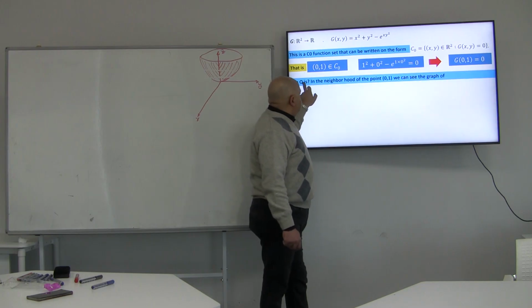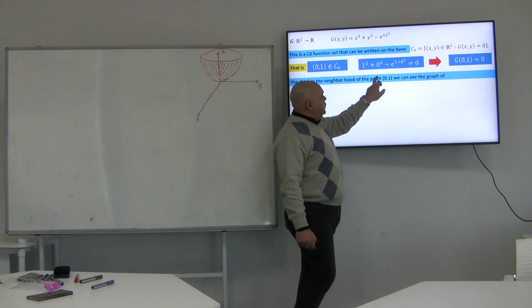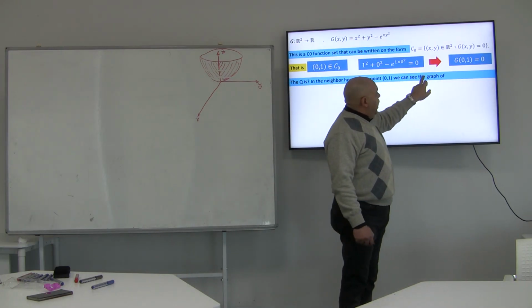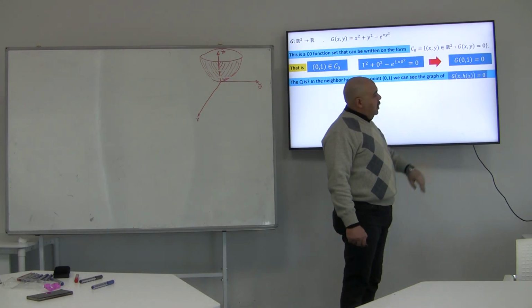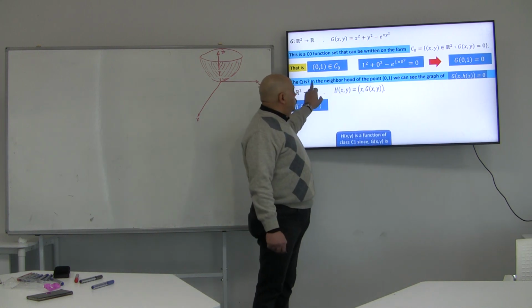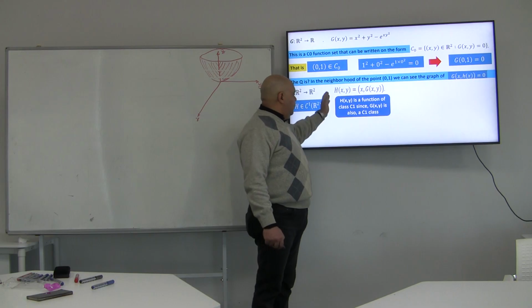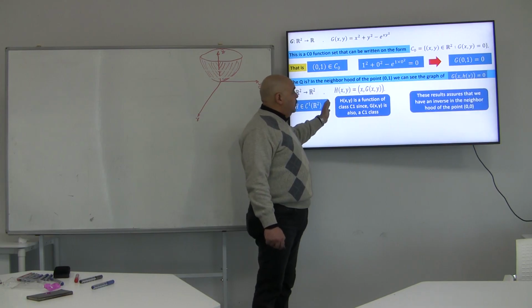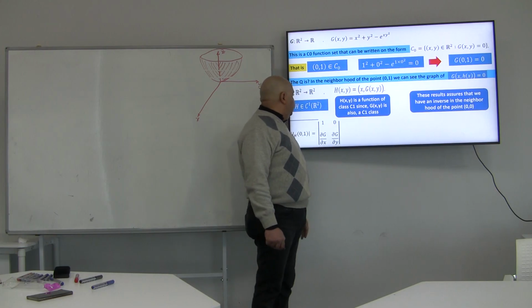The question is, in the neighborhood of the point 0 and 1, can we see the graph of g of x, y equal to 0? From R2 into R2, h of x, y is going to be a continuous function, and these results assure that we have an inverse in the neighborhood of the point 0 and 0.